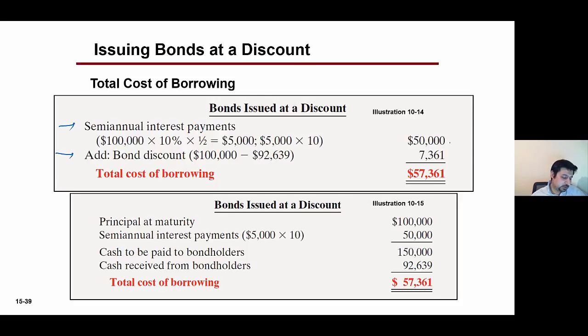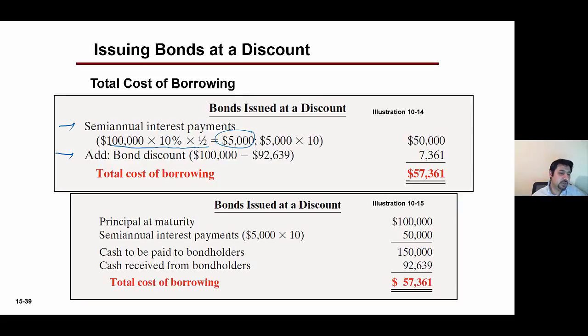This is 5,000 semi-annual. Like we said here, it is 100,000 multiplied by 10%, multiplied by 6/12, which is 1/2. That will be 5,000 per payment.